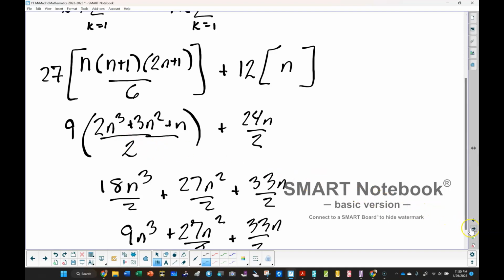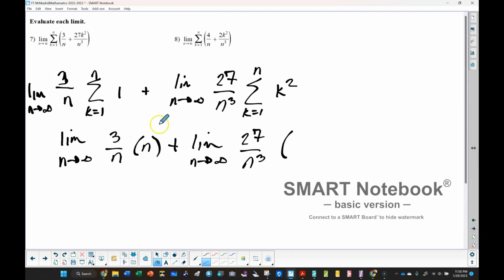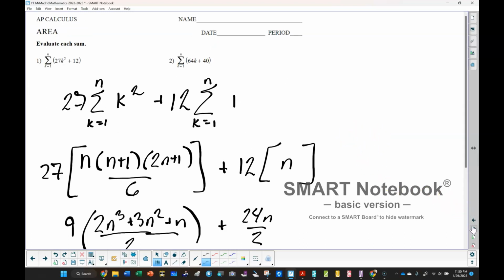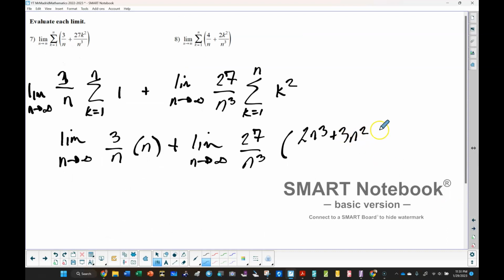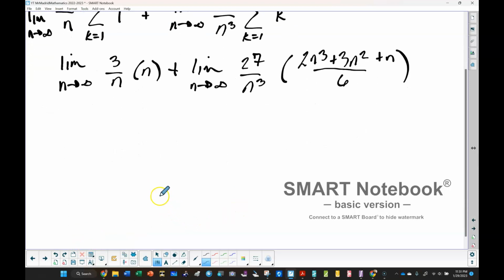So let's see here, 2n cubed, 3n squared, plus n. Now I have to be careful. Earlier I had simplified. There was a 6 down here, so I better be careful that I don't do too much here and get messed up.